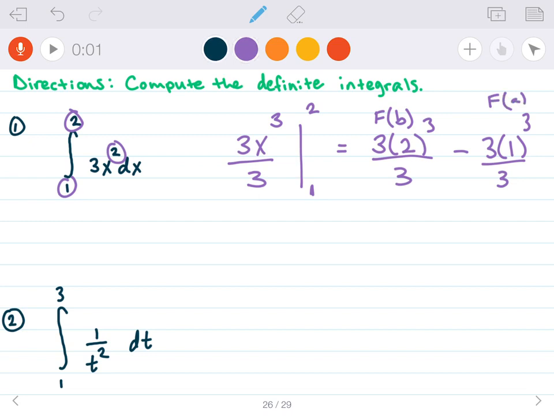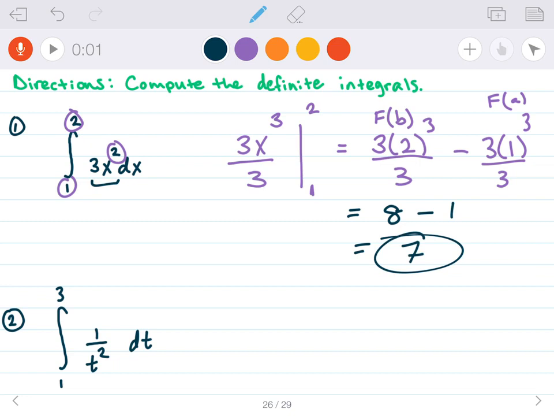So let's go ahead and compute this. 3 times 2 to the third over 3. Let's see what we get for this. This is going to give us 8 minus 1, which is going to give us 7. So the area under this parabola from x equals 1 to x equals 2 is 7.